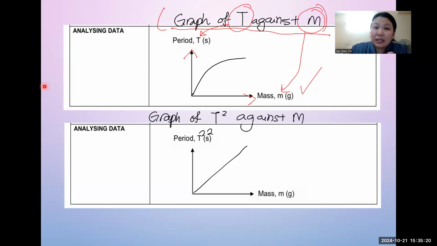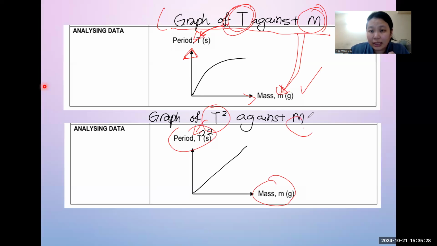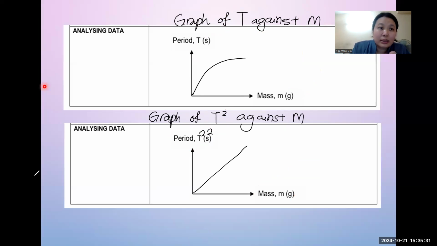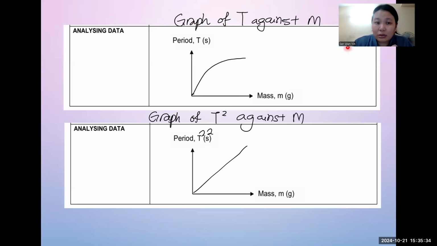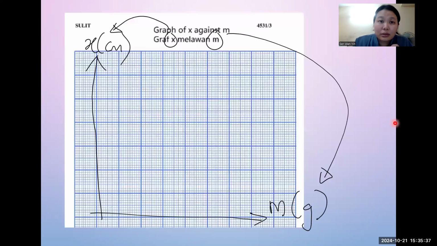Bye, Ellen. Okay, so now A. So this is your y, this is your x. So if they ask for t squared, this is your y, this is your x. Okay, for example, now the graph is normally like that. Let's say they say graph of y against x. Draw your y-axis against x-axis.